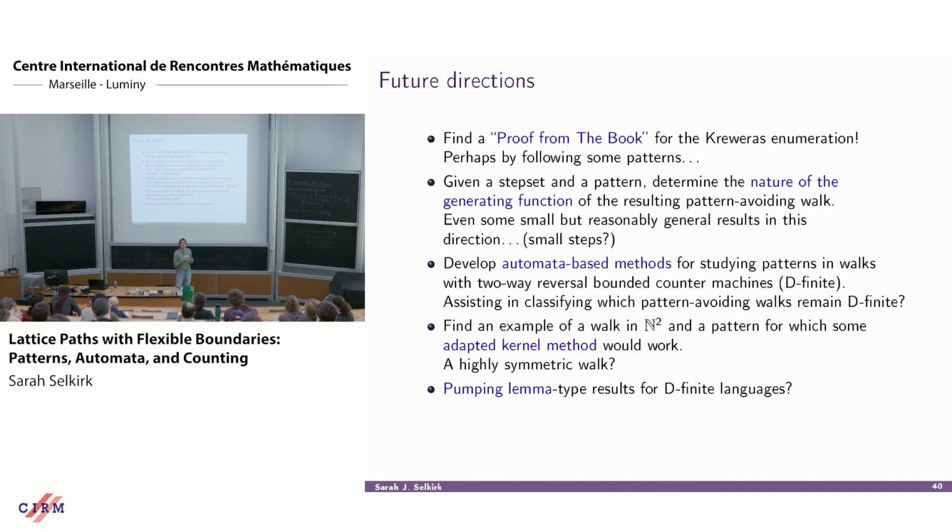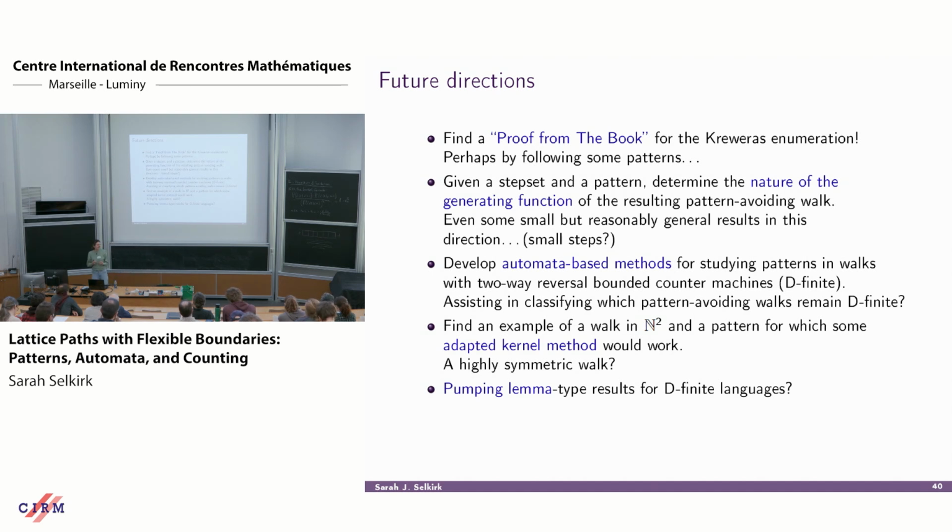So finding ones that can be encoded by these two-way reversal bounded counter machines and somehow studying those patterns via that. Or else to try and adapt some sort of kernel method to try and figure out a functional equation for pattern avoidance or studying patterns in walks in the quarter plane, even just a really nice, simple example.